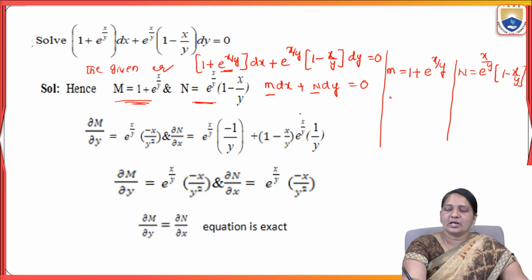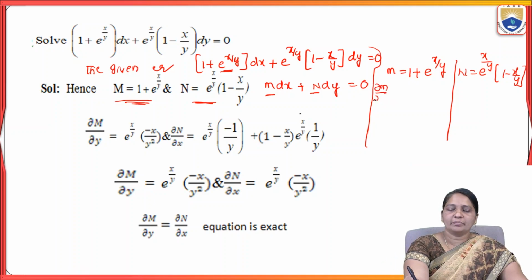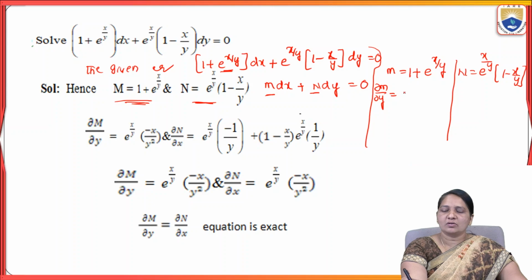Now we are going to calculate dou m by dou y. That means partial differentiation of m with respect to y. So here 1 is the constant, so that value is 0. Here the derivative of e power x is e power x only. That means in place of x we have e power x by y.